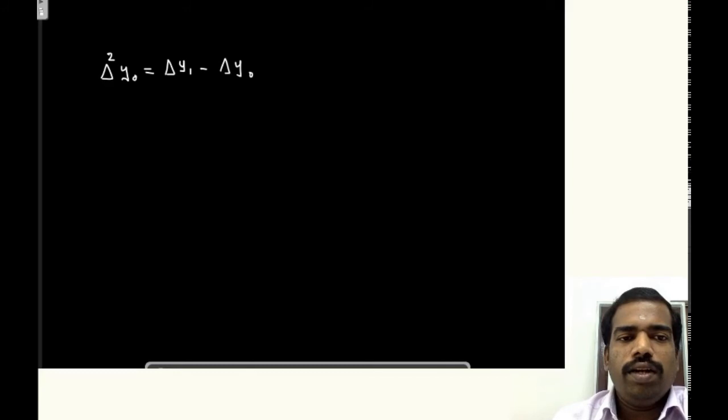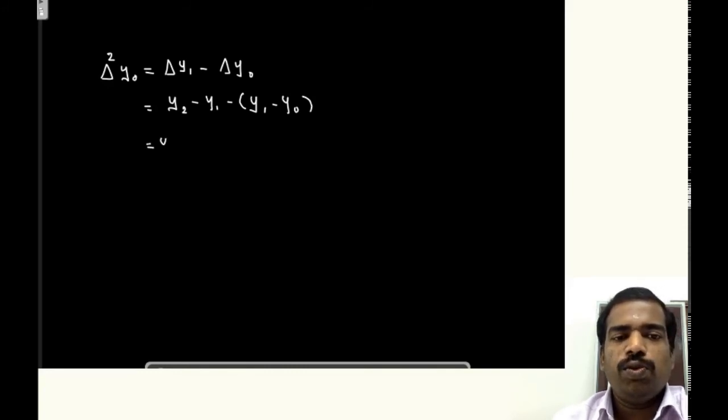What is delta y1? Delta y1 is y2 minus y1, minus of y1 minus y0. So the answer is y2 minus 2y1 plus y0.